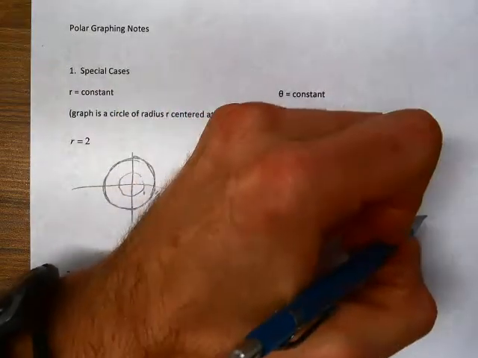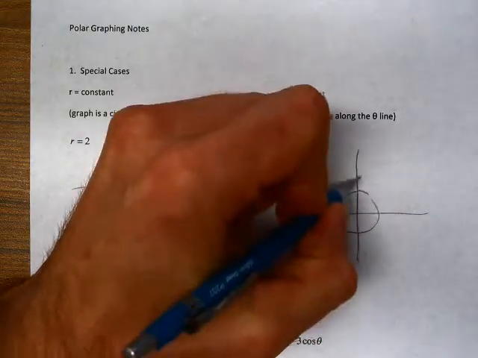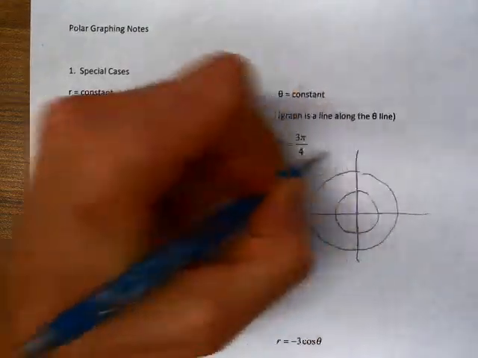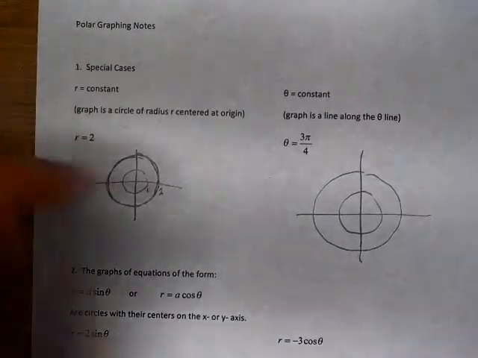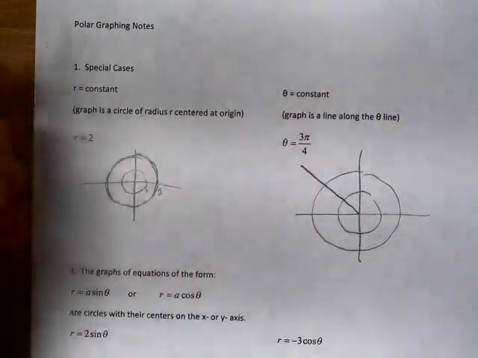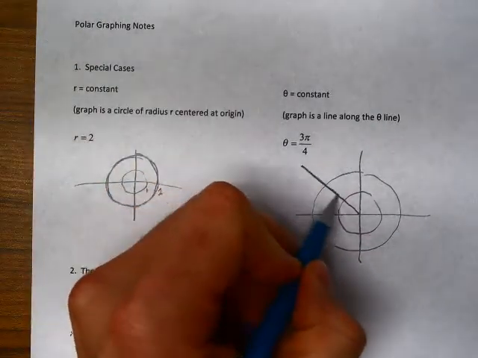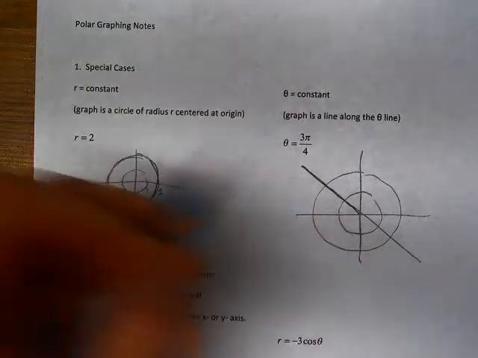So if we think about this one, again, we have some polar graph paper here. 3 pi over 4 puts us here. All right. So the line that we get is going to continue this way and right down here.